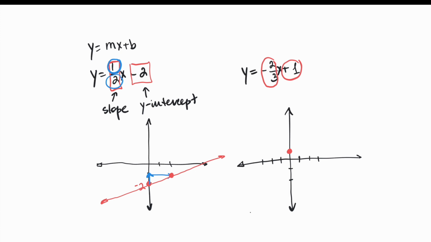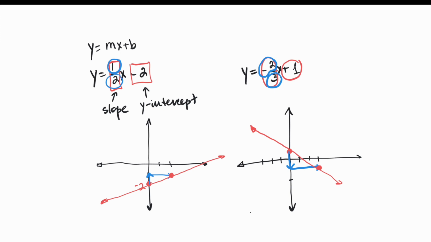From this point, we will now be traveling down 2 units because the top of the slope is negative 2, and to the right 3 units because the bottom of the slope is 3. We ended up here at this point, and that's our second point. I'm going to connect both of them. And this is my line.